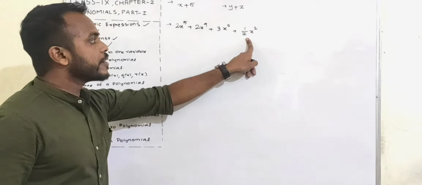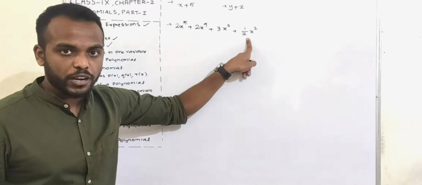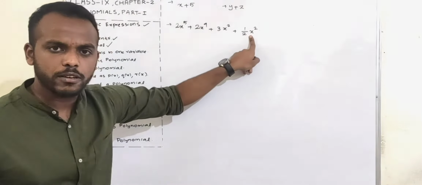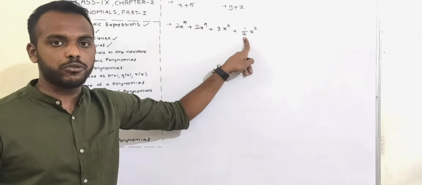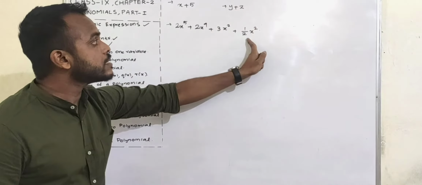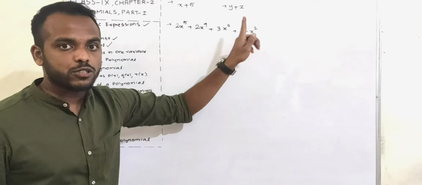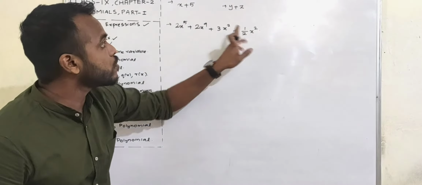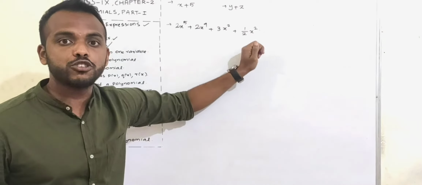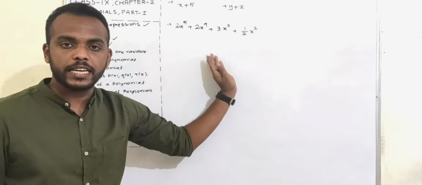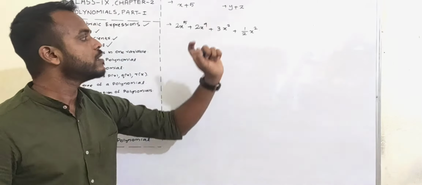I have purposefully written a non-whole number as a coefficient. What's the coefficient of x square here? It's 1 by 2, right? This is still a polynomial because, don't get confused, only the powers of the variables should be whole numbers. Coefficient can be anything. Is that clear?